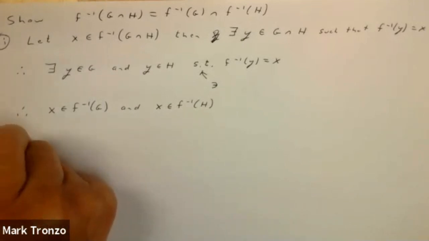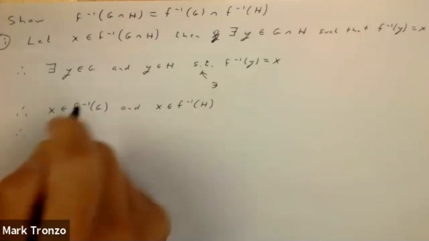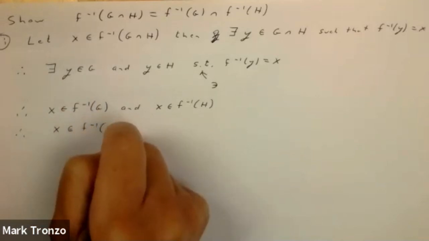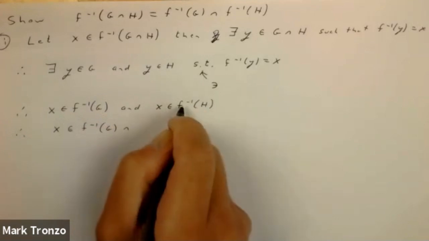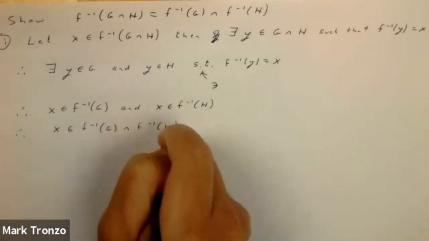Then, therefore, if this x is in both of these, then x is in the intersection, like this.